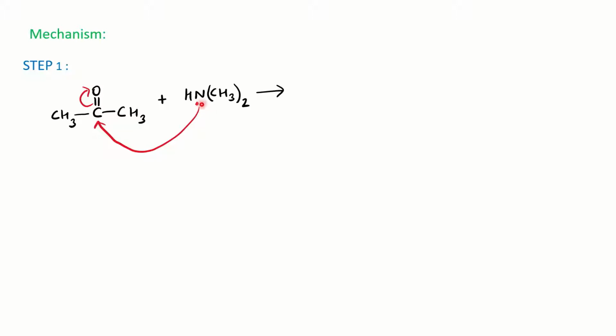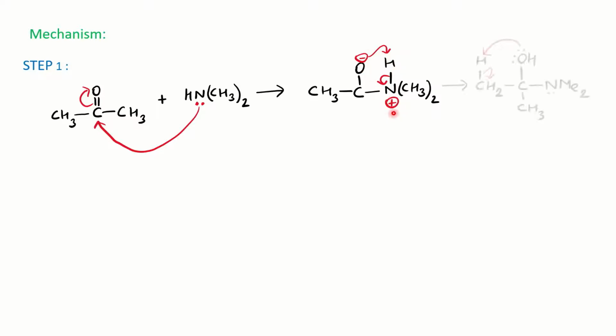So the reaction will occur and the charge will move to the oxygen. A negative charge will be there, oxygen being electronegative. And now nitrogen, since it has given its lone pair of electrons to the carbon, gets a positive charge. Now to satisfy this charge, the oxygen will take the proton from it and will give its electron to the nitrogen. So you will get this kind of structure.